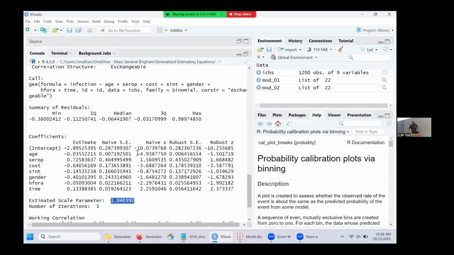We don't have those here. These are population averages, so we don't have to worry about conditioning on cluster membership. All of these coefficients can be interpreted as you would just in logistic regression. That's a great advantage, I would say.